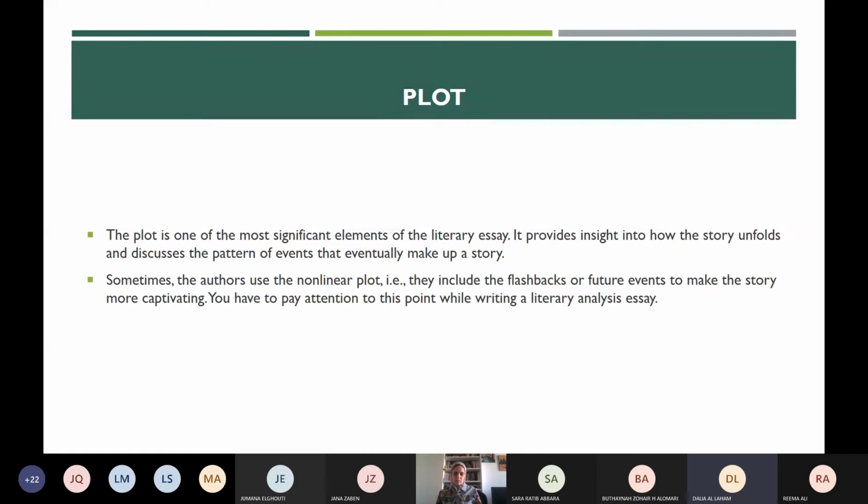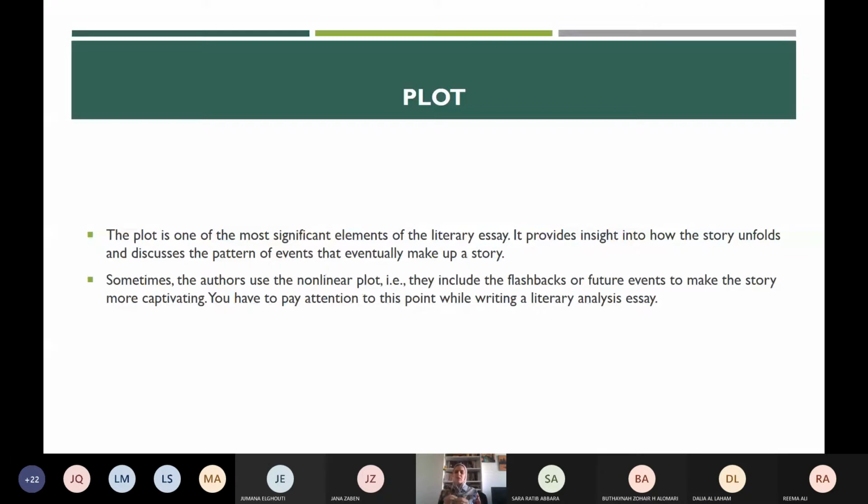They include flashbacks or future events to make the story more captivating. You have to pay attention to this point while writing a literary analysis essay. So the plot is how the story is going on.